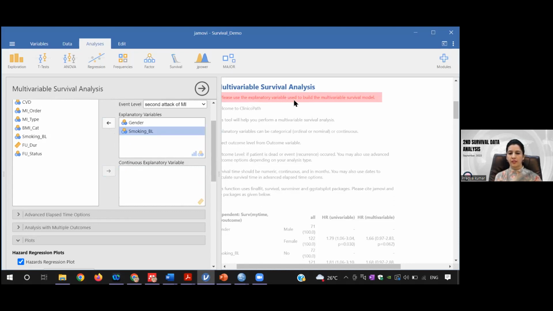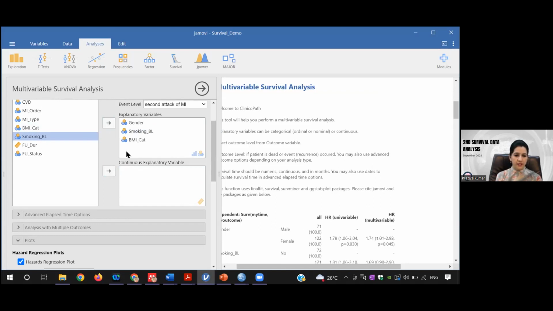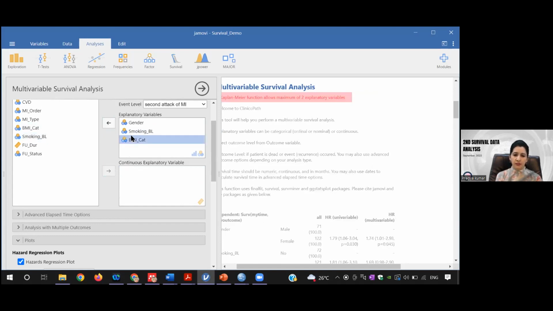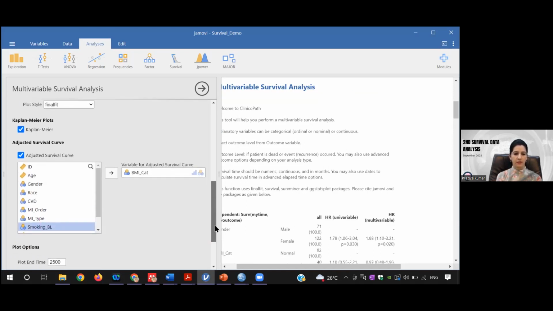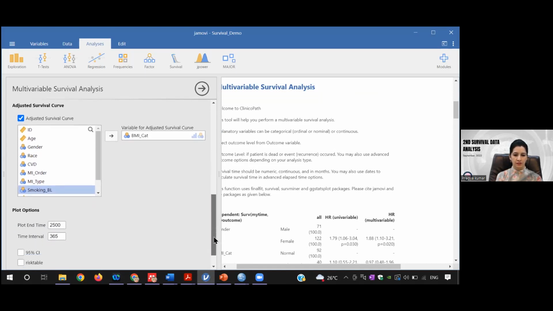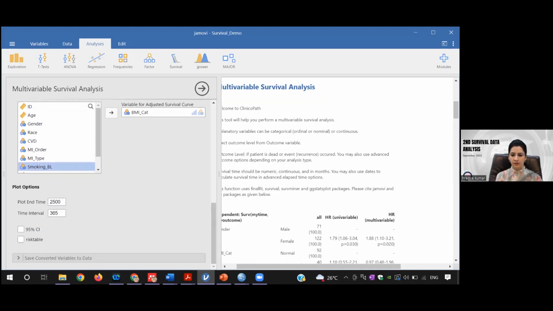So please use the explanatory variable used to build the multivariable model. Okay, okay. So let me again shift this BMI category and this age, smoking, this back. And if I come down here, then what about this?